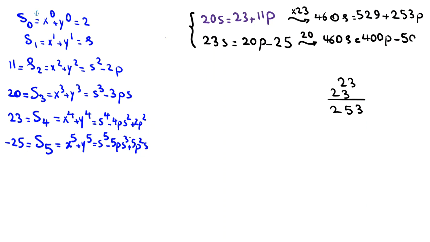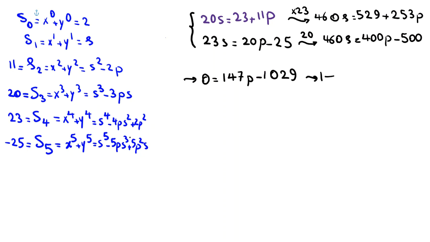Now I want to get rid of this. So if I subtract the first one from the second one, then the left side is 0, 400p minus 253p will be what? Will be 147p, equal to this minus this, which will be negative 1029.